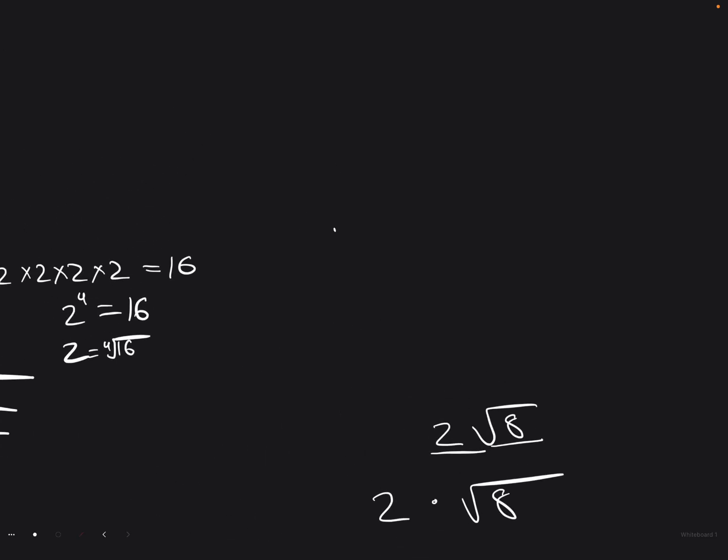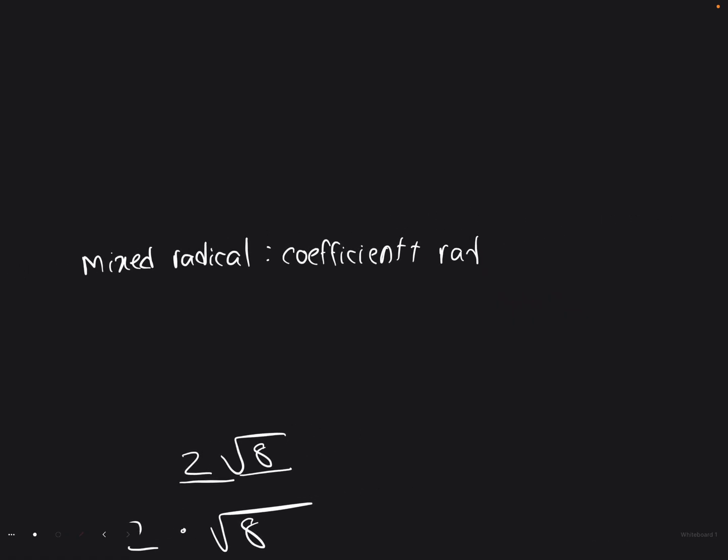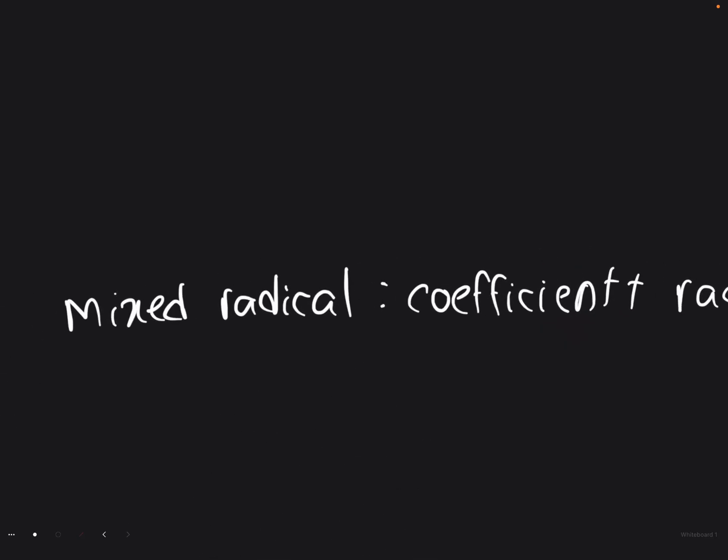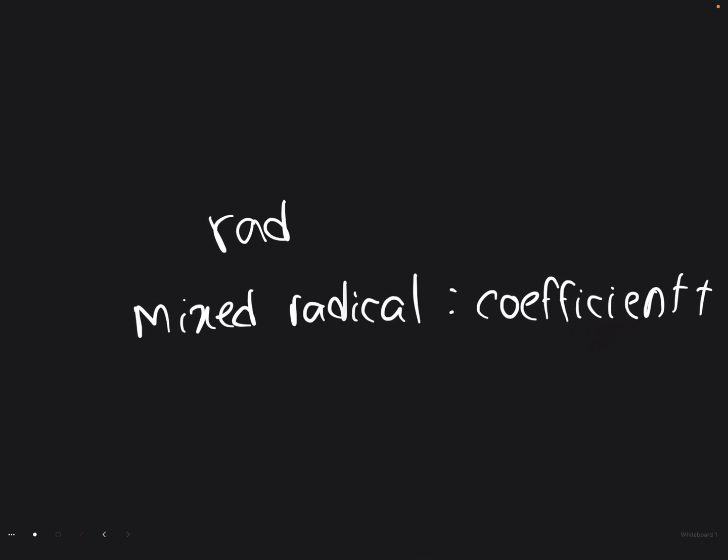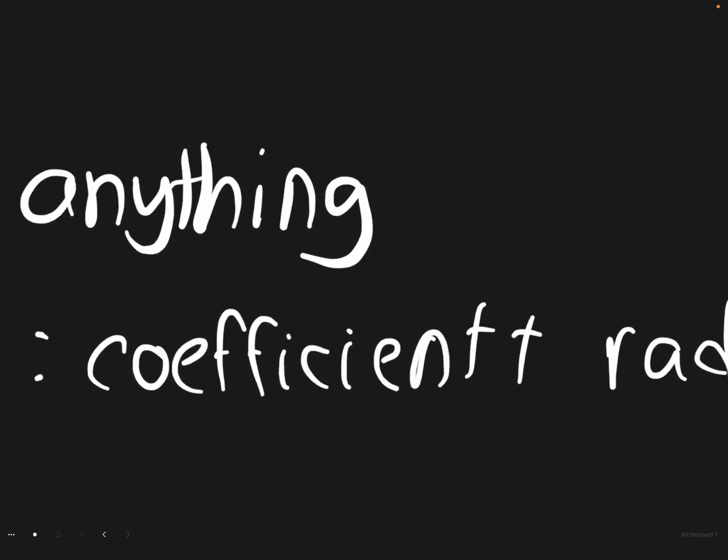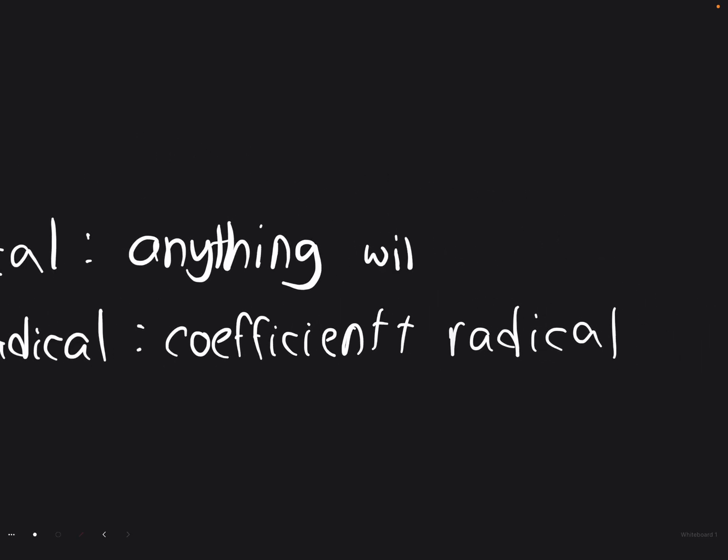So mixed radicals are a coefficient plus a radical. A radical is anything with a root sign. I hope that's clear to you guys.